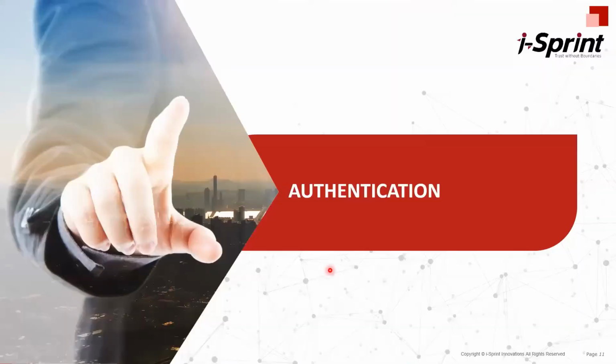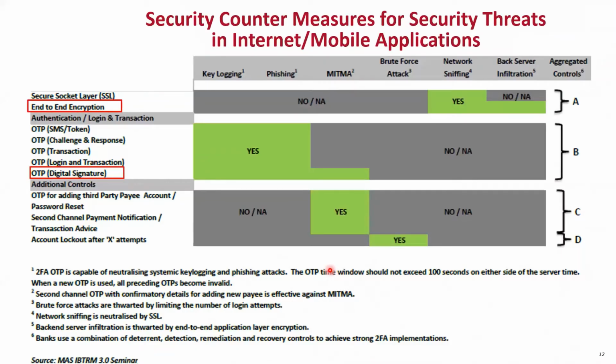Okay, as mentioned, let me start with authentication. This slide is basically saying that on the left-hand side are all the solutions that address the threats over here. For example, we'll be focusing on the digital signature, the transaction signing, which can help to address the threats of man-in-the-middle attack, because they are using a different channel.